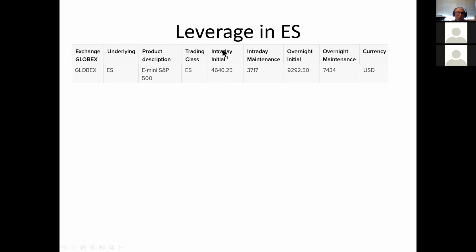So now let's talk about the leverage in the ES. The trading class, okay, so here it is, the exchange and all those details you don't want or care about. It is called the E-mini Standard & Poor 500. The key number for us is this intraday initial margin that you have to put up for what's called one contract.